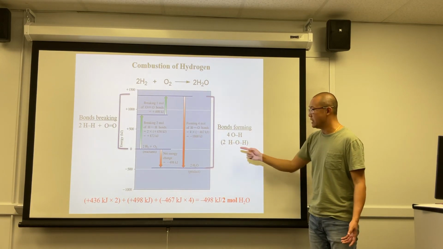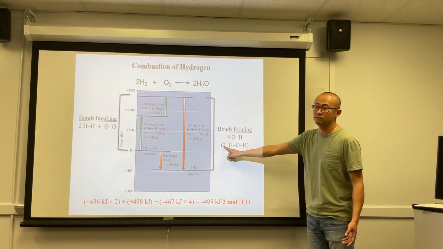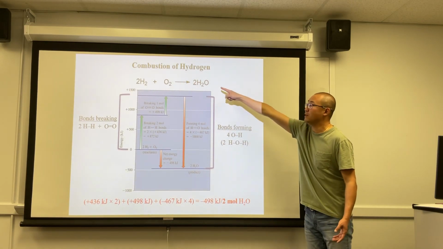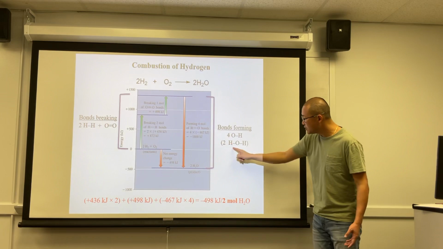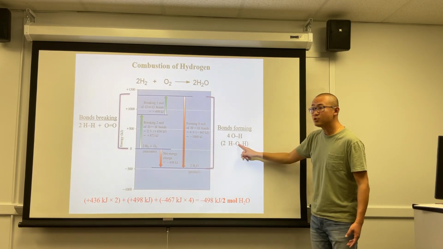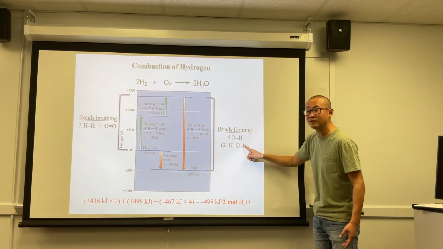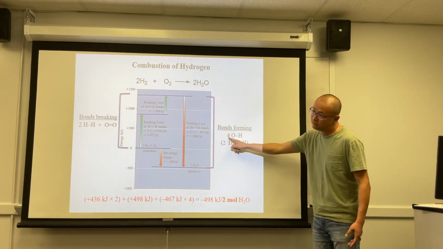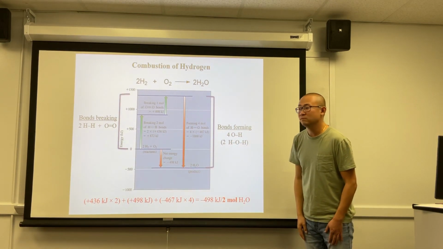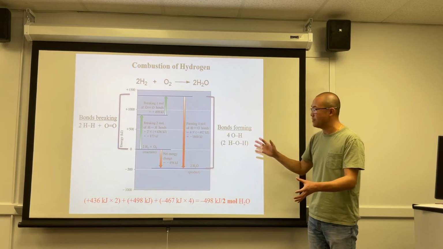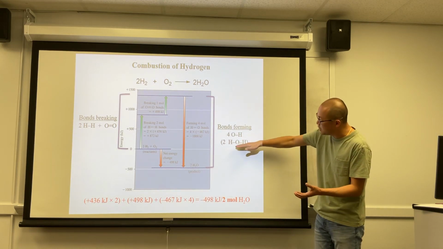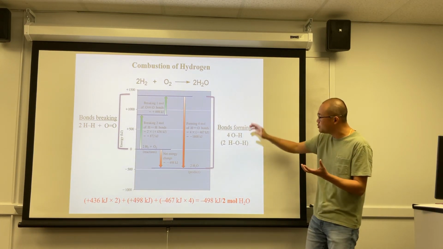Two hydrogens, and of course, we have two waters, balanced, right? Each water has two OH bonds. Two waters means what? Four OH bonds. Those are the bonds. These are the reactions in Lewis structures, we just expanded them structure-wise.